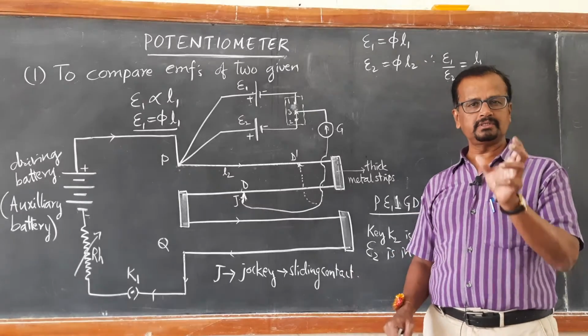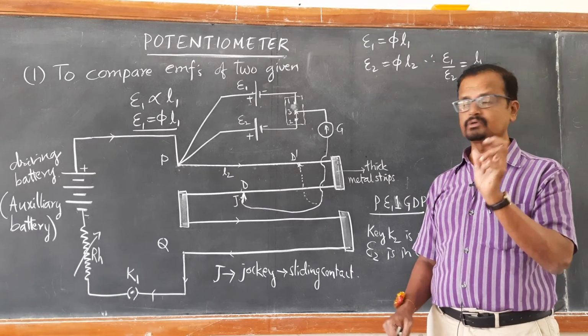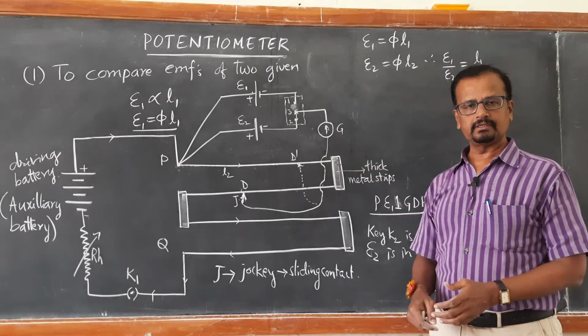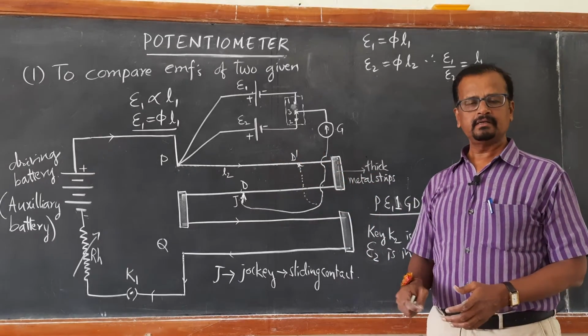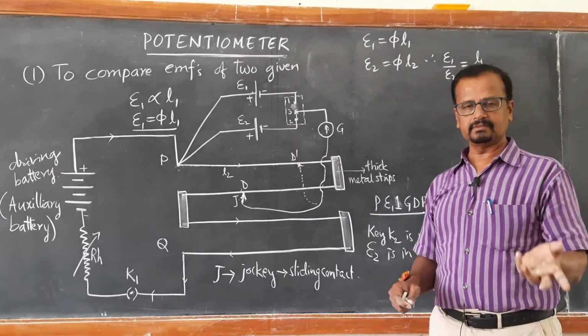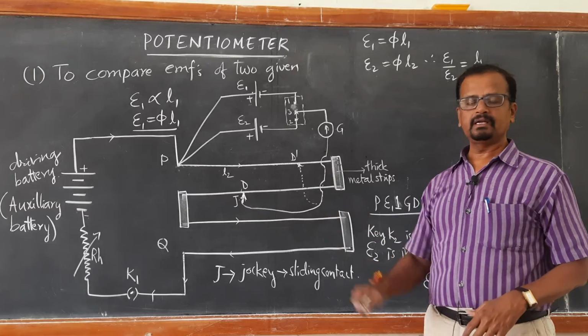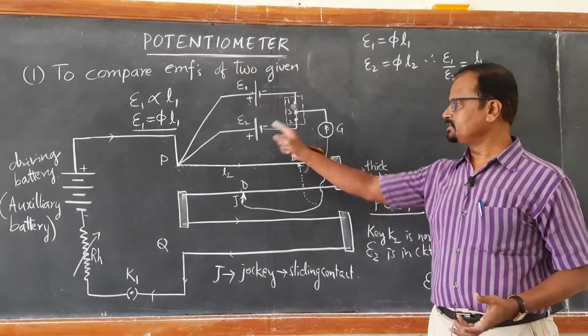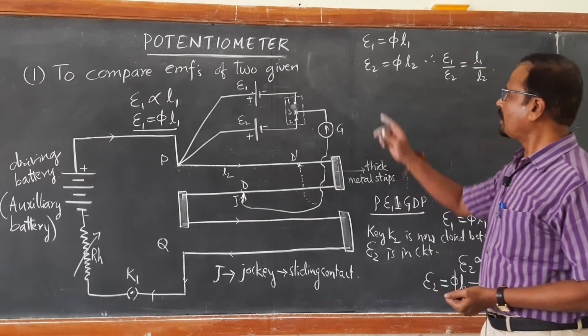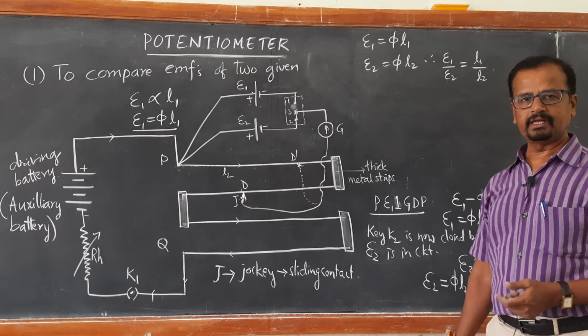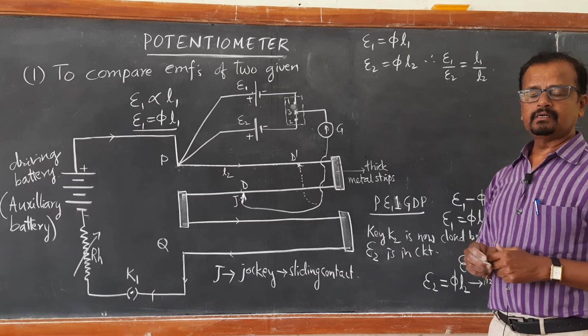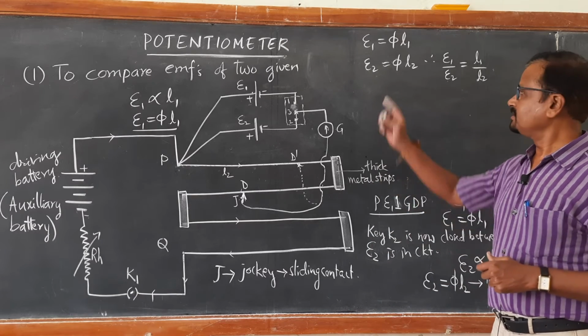Or in your remote, the cell that is used in your remote. If it is used here instead of another primary cell like any chemical cell, any electrolytic cell. If we use a dry cell, then we know already the value of E2. Then we can find out the EMF of E1.